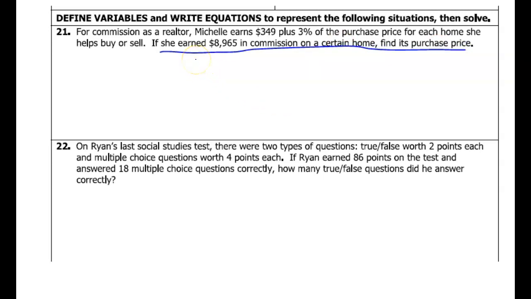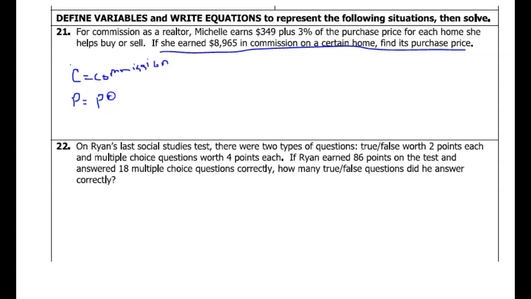First, we're going to write an equation based on how much Michelle earns. Let me define the variables. If I want to find out her commission, let's say C is the commission. I know that's dependent upon her purchase price, so P is price.